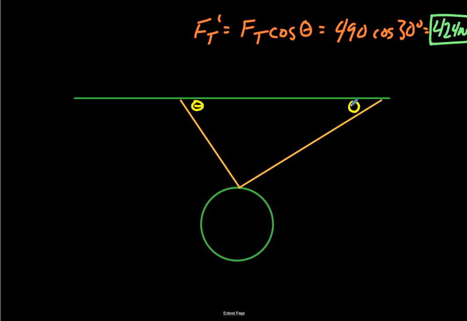Let's call that something different. Okay, so say that's 40 degrees, and say this is 30 degrees. We've got FT, we've got FT prime. I'll stick with 25 kgs.